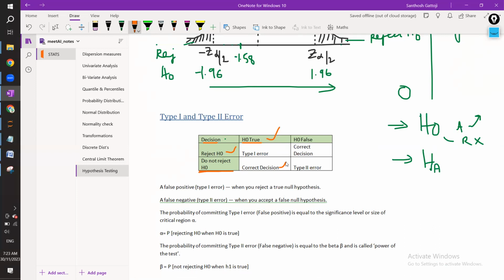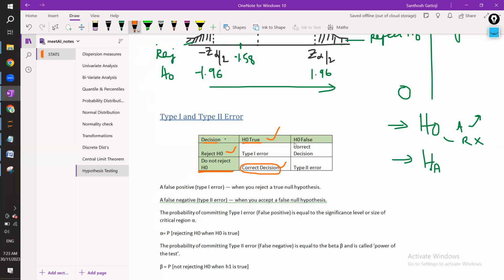Agree, guys? Are you trying to understand the logic here? See, if the null hypothesis is actually true, and you decide not to reject it, that means you are accepting it. So obviously that's a correct decision, right?